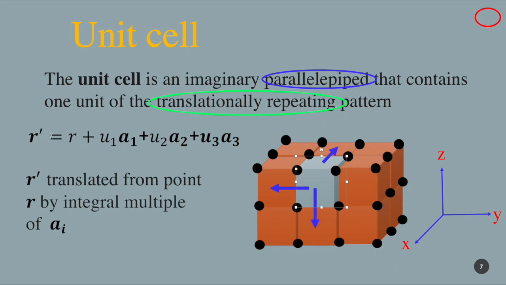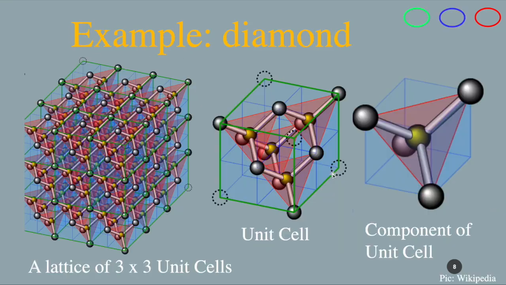Mathematically, we can express it as r' equals r plus some integers times the vectors a1, a2 and a3 in x, y and z directions. r' is the translated point from r by integral multiples of the a's, like this. So this is, let's say, the unit A, and we translate it and they are indistinguishable.